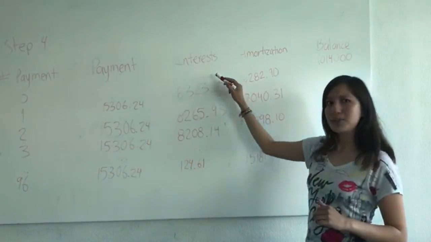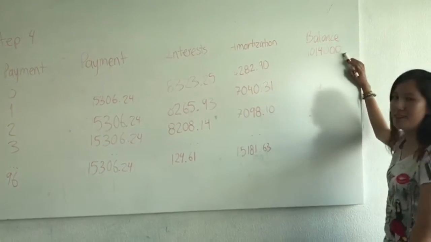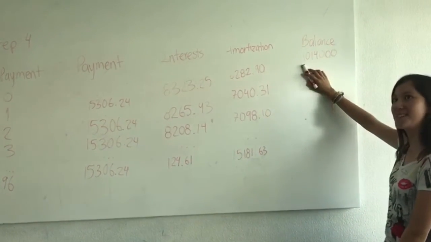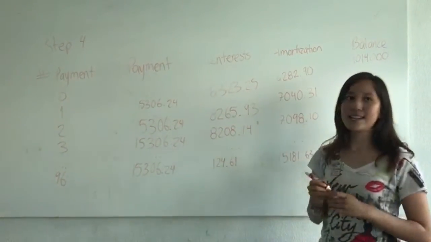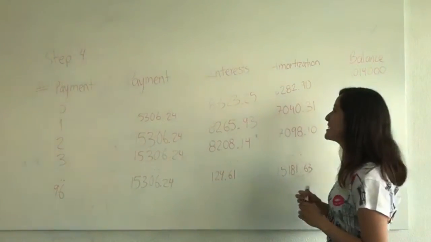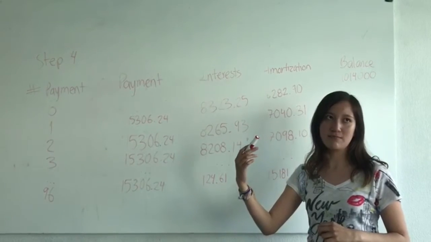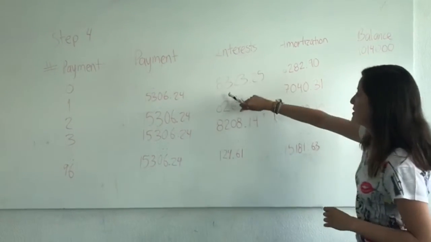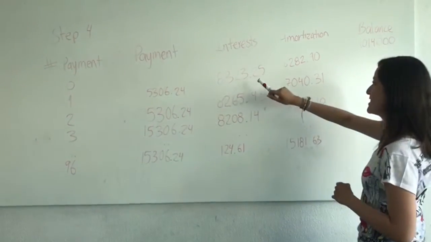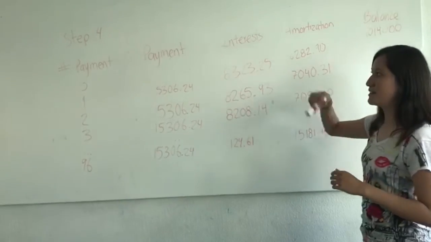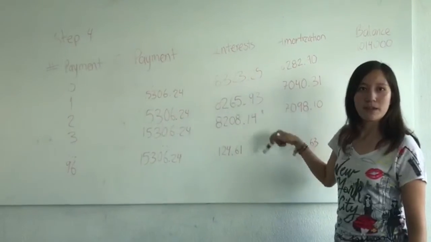To calculate this, we use the amount, that is 1,014,000, times the rate of interest, that is 9.85%, divided by the compounding, that is monthly, that is 12, and we get 8,323.25, and we are going to do this for the 96 payments.